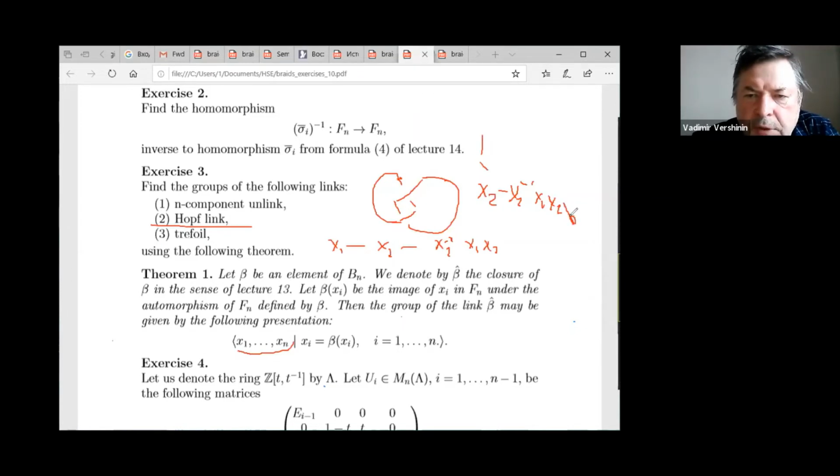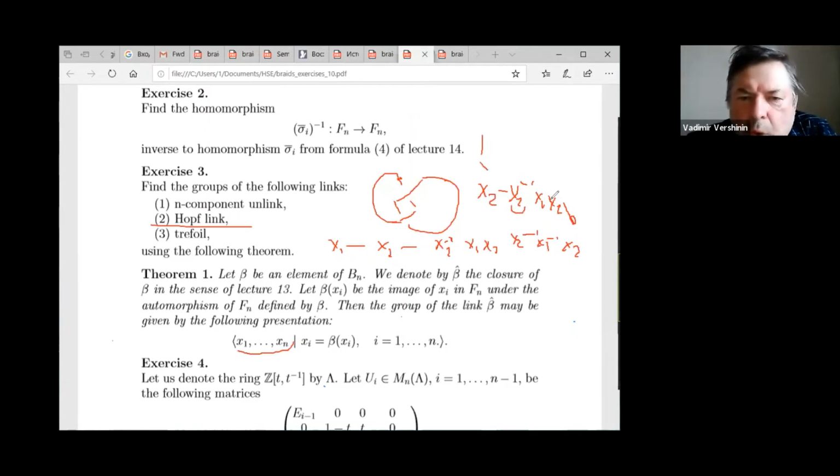What does it mean? x2 goes to x2 minus 1, x1 minus 1, x2. This is this.